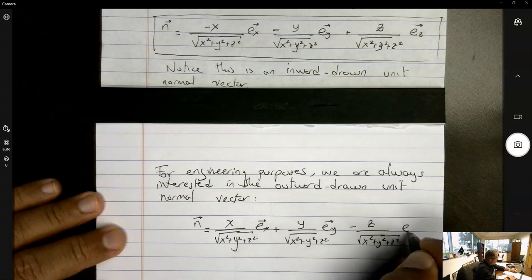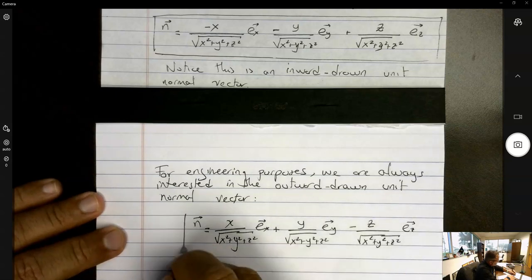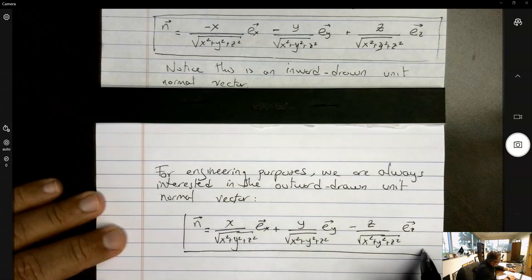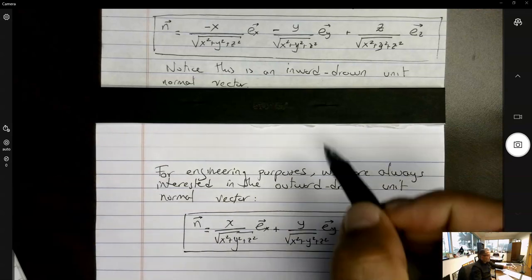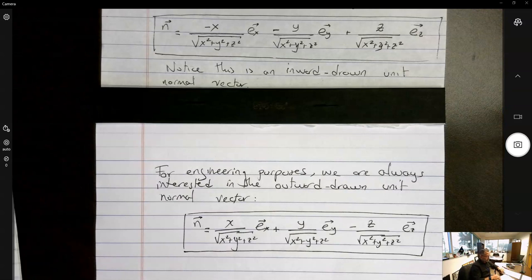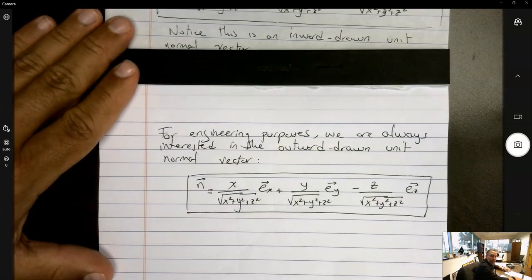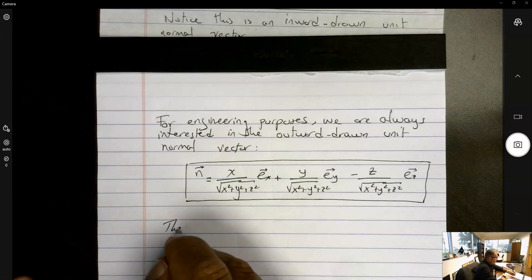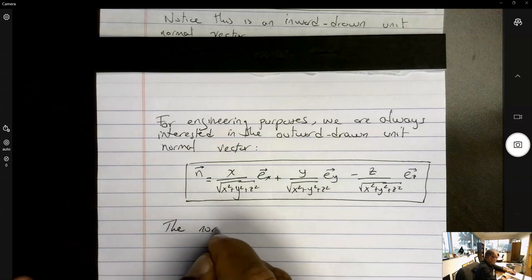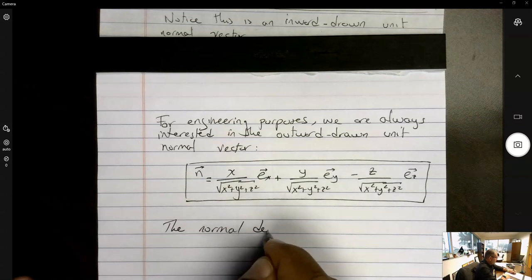So this is the same vector, it just points in exactly the opposite direction as this one. All right. Now, because we have the ability to calculate normal vectors to any surface, we can calculate what's called the normal derivative.